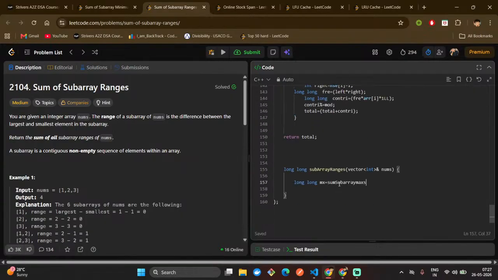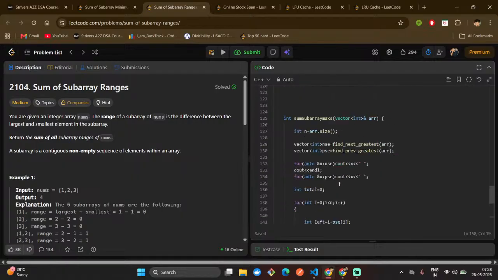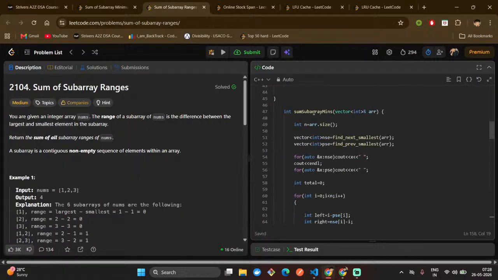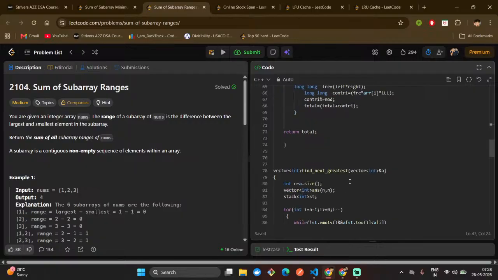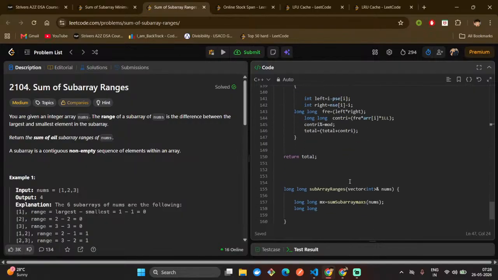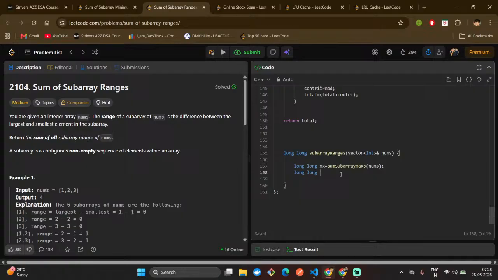this much nums. Now long long min equal to.